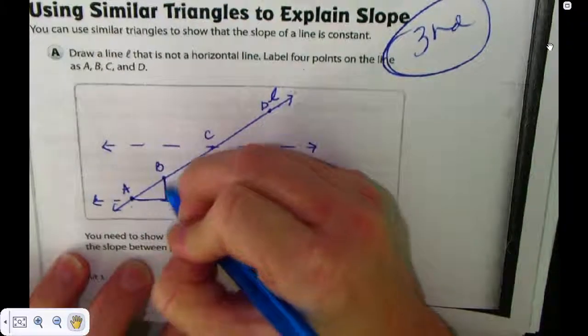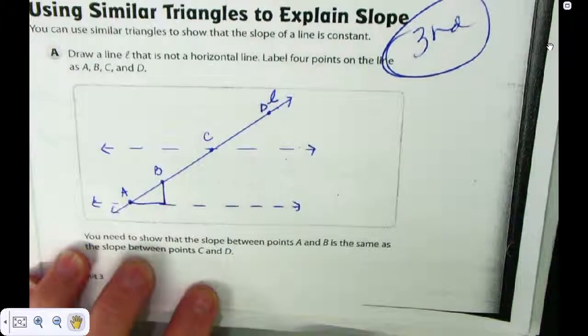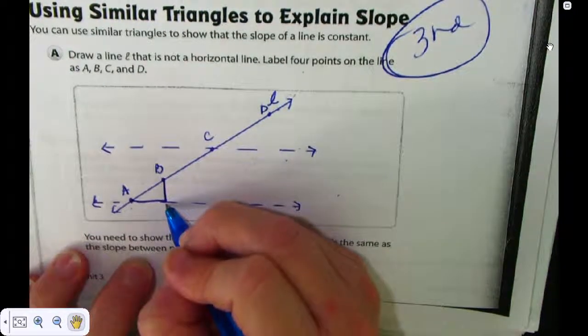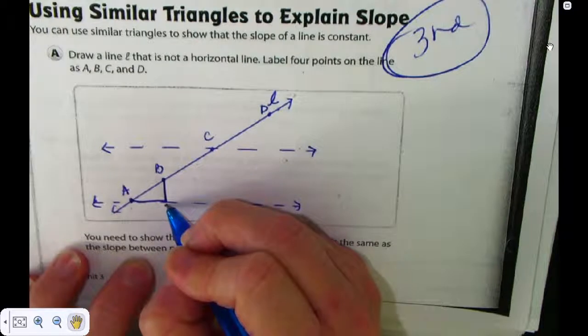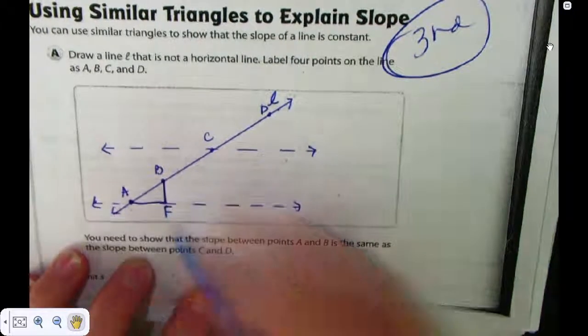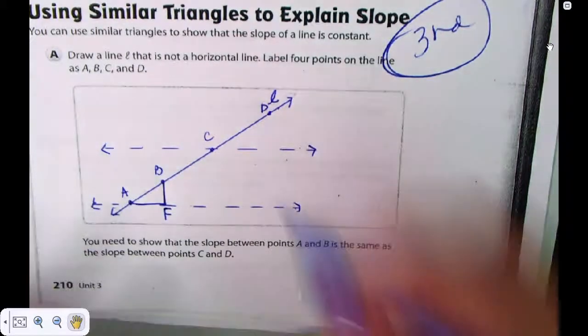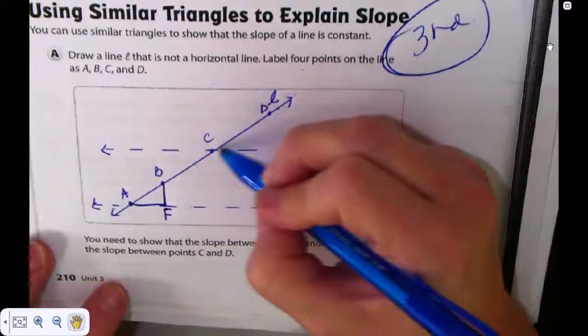We're going to draw a triangle there. And we've already used C and D, so let's call this point F. Doesn't really matter.